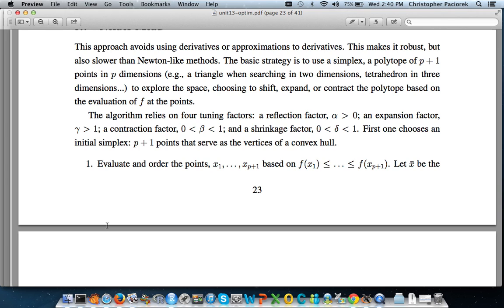I'm going to label my x's as x1, x2, and x3 based on which ones are the smaller ones. So this ends up being x1, and I calculate f of x1, this ends up being x2, and I calculate f of x2, and this ends up being x3, and I calculate f of x3. I don't know the labels until I calculate the function at each of these, and then I decide that this is less than this, and that's less than that.